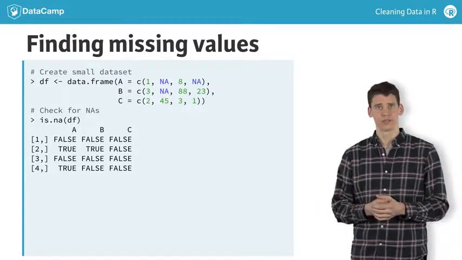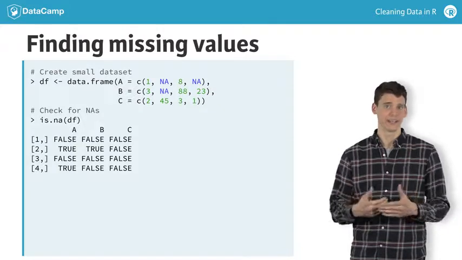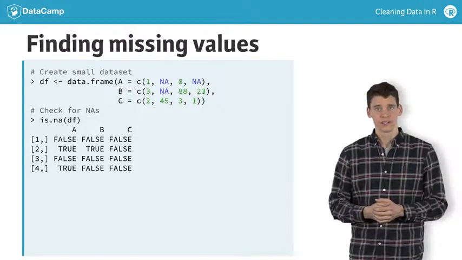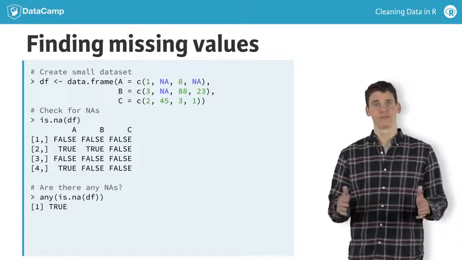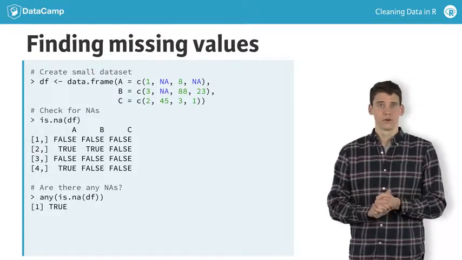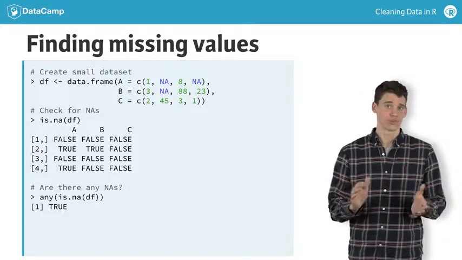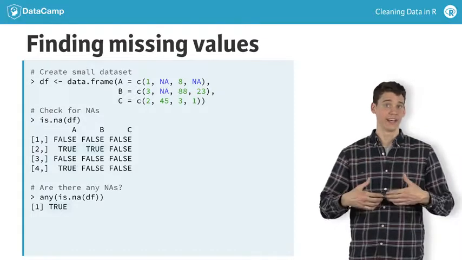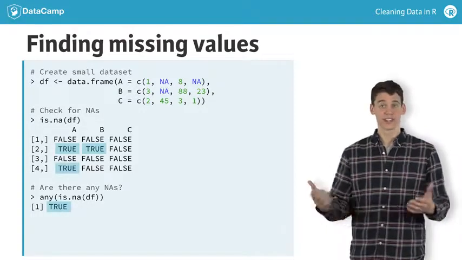Instead, we may be curious to know if there are any NAs anywhere in the data. By surrounding is.na(df) with the any function, we are asking if there are any TRUEs in the result from is.na(df). In this case, there are.